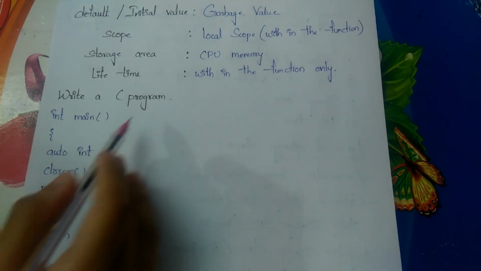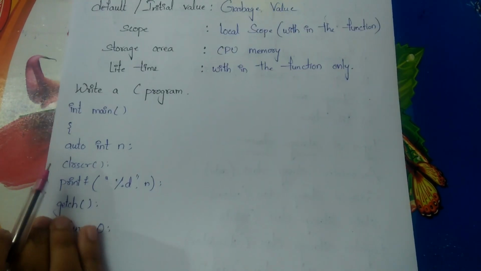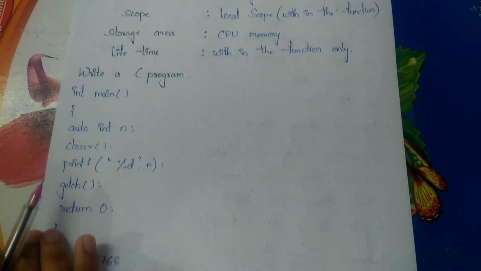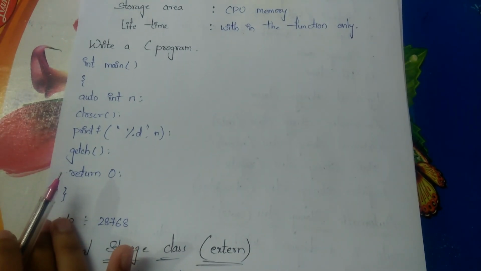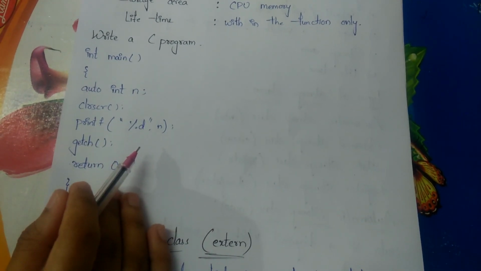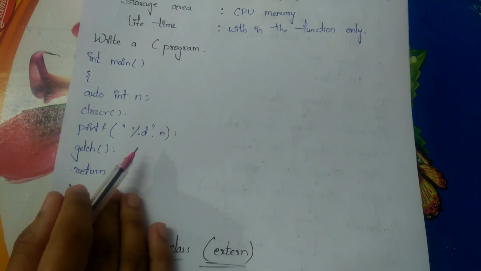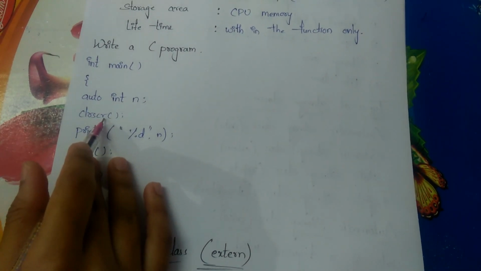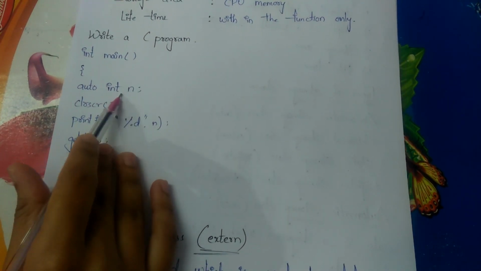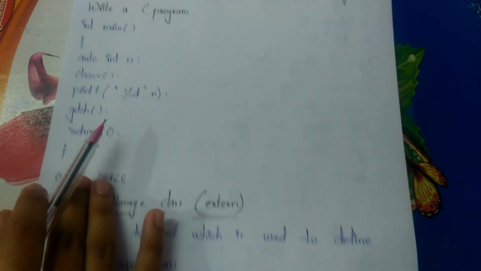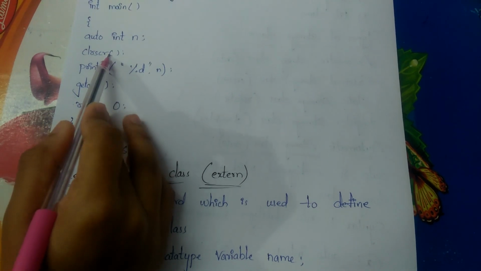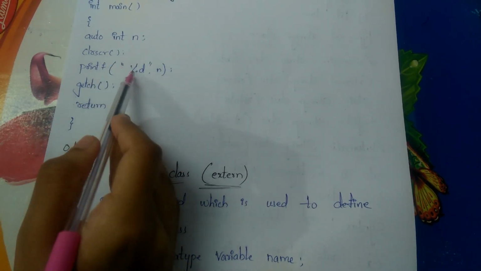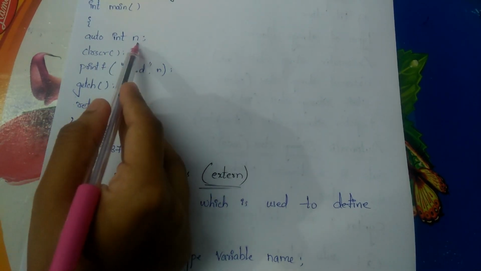Let's see the C program on auto. Before this we have to include the header file. Then it starts with the main function, int main, and open the block. Here we are using the keyword auto and the data type, followed by the variable name n, and then clear screen. Then printf, I want to print the value of n.